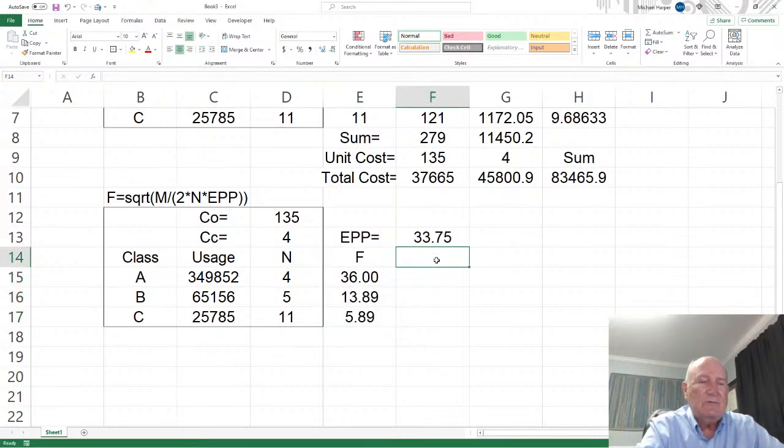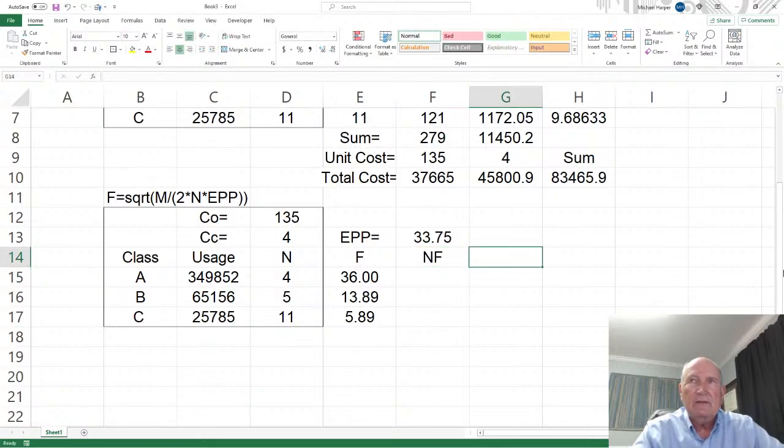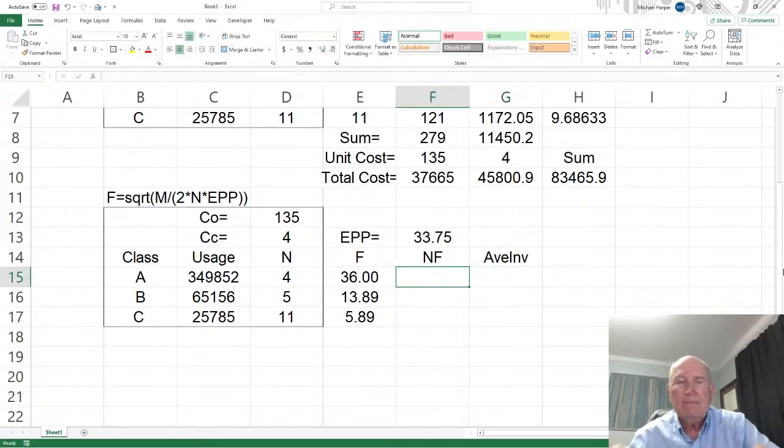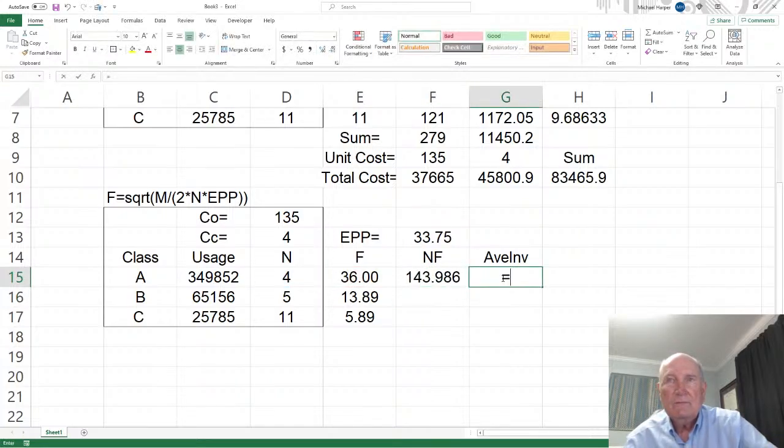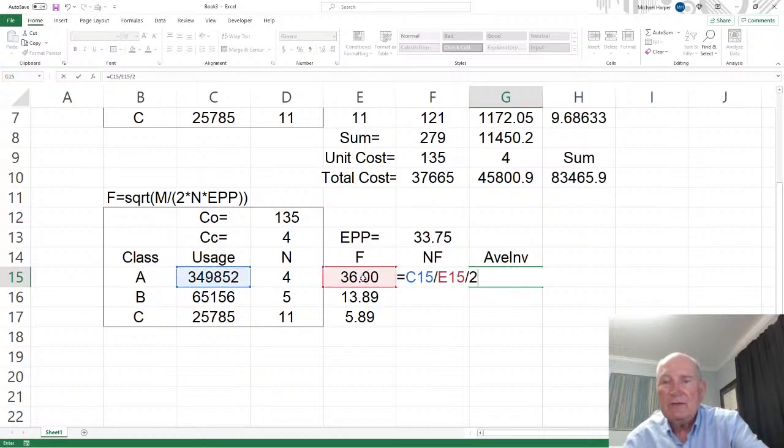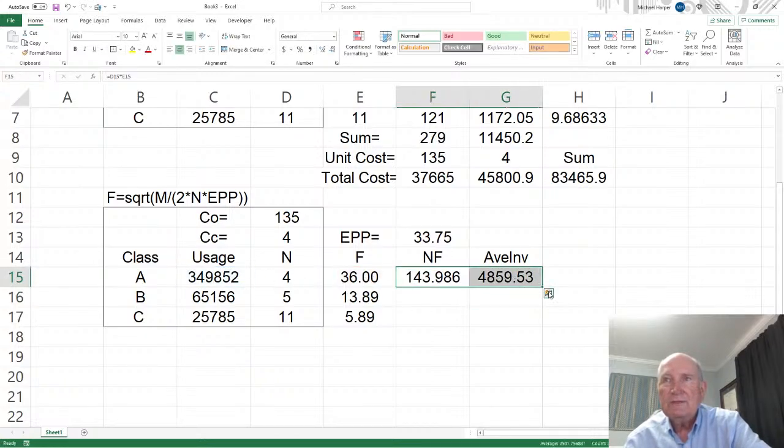So then we come over here and do the NF, and also the average inventory. NF equals N times F. The average inventory equals the usage divided by F divided by 2, and bring these down.